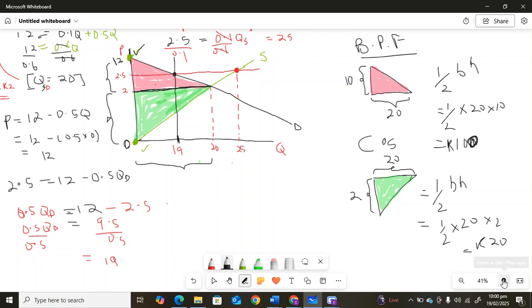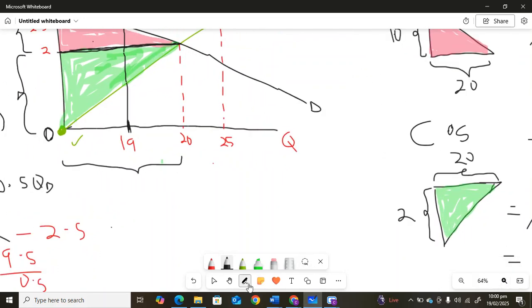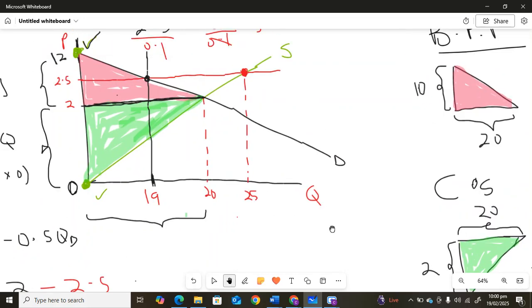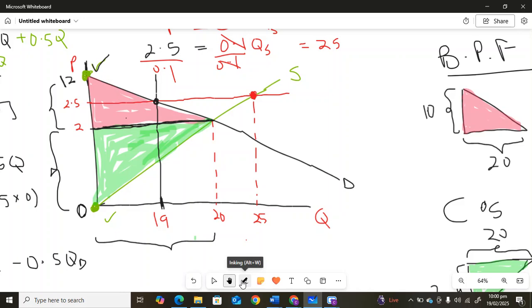Let me zoom in. Then the consumer surplus is going to be this small triangle above the price floor.